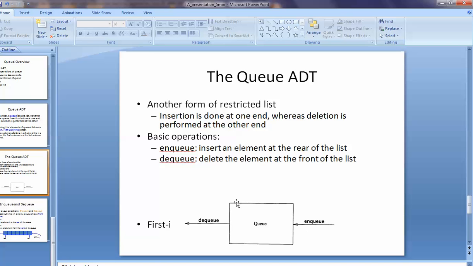The basic reason is this restriction of having two ends for the two operations, which separates it from the stack. That's why the element which was inserted at the very earliest is the first one to get removed when we perform the dequeue operation, right? And the element which is inserted latest into the data structure is removed last if we perform the dequeue operation.